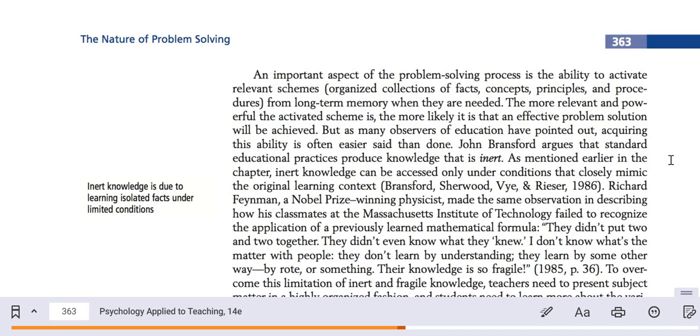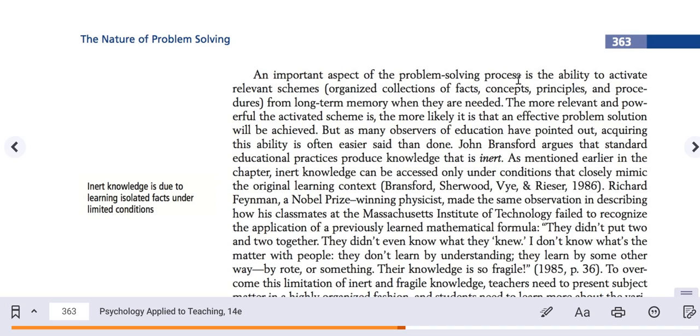The more relevant and powerful the activated scheme is, the more likely it is that an effective problem solution will be achieved. But as many observers of education have pointed out, acquiring this ability is often easier said than done.